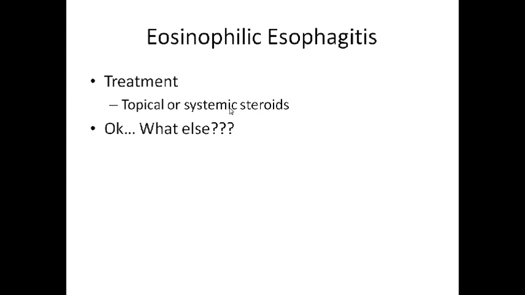Usually, again, allopathic treatment is topical or systemic steroids. Of course, it's not a cure for anything. We're not finding out what we're actually sensitive to. So that's why I said, okay, what else? We should really find out what we're actually sensitive to.